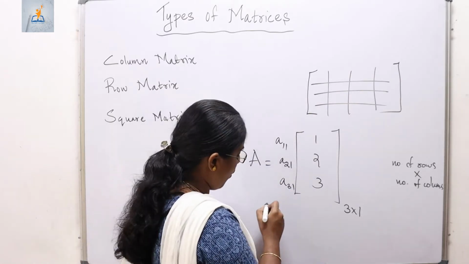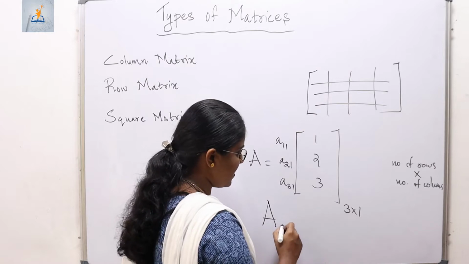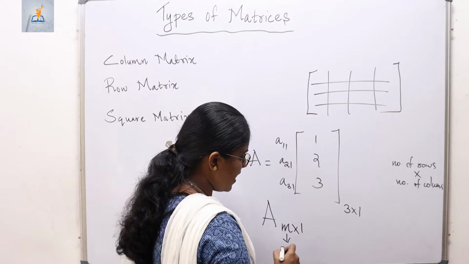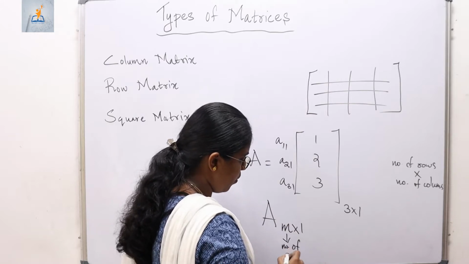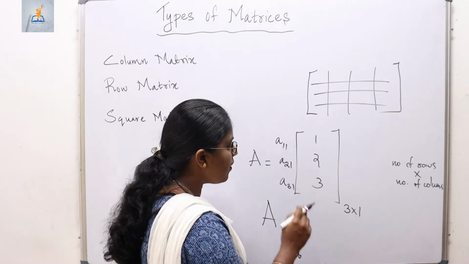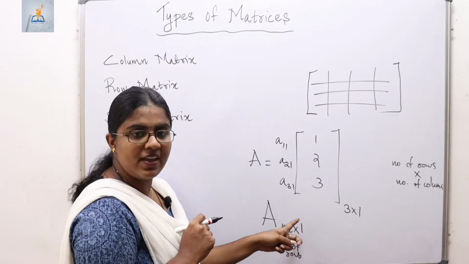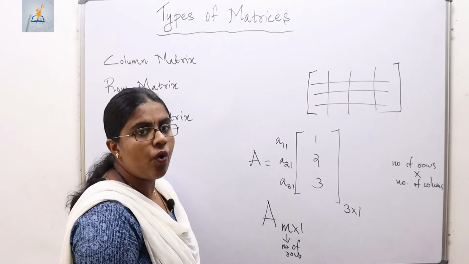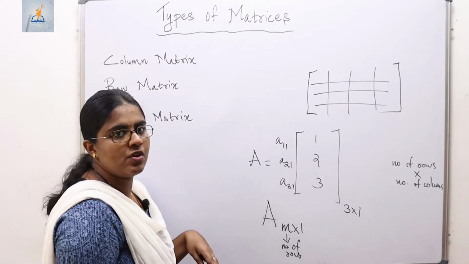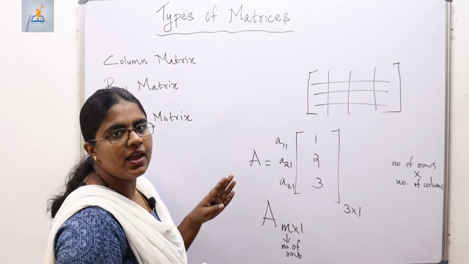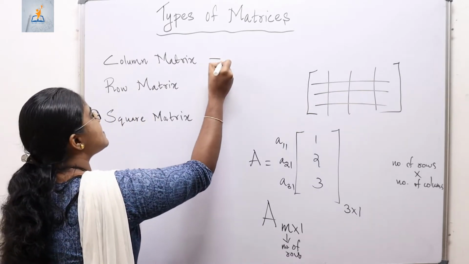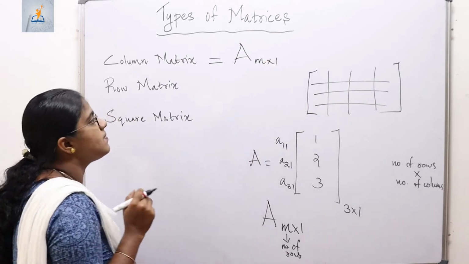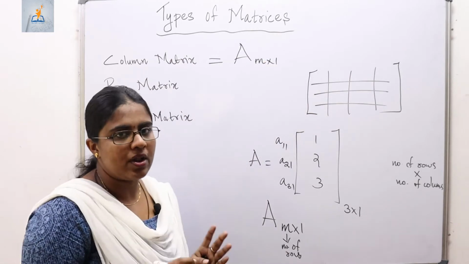The order of a column matrix will always be m by 1, where m is the number of rows and the number of columns will always be 1. So a matrix having only one column is called a column matrix.